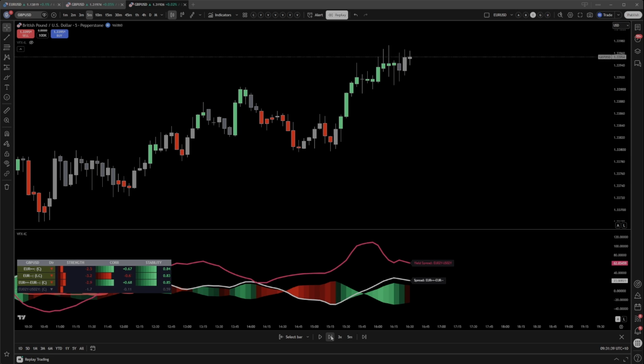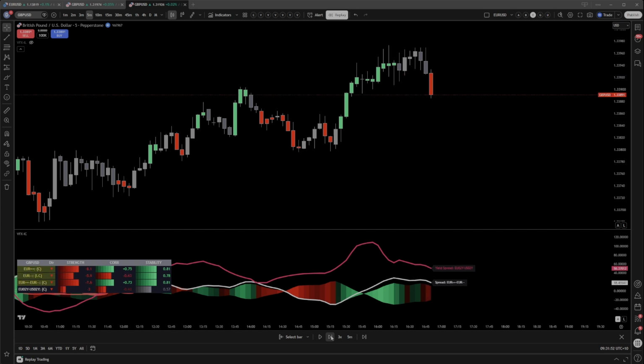Seeing ranging price action. Yield spread still pointing down. It's going sideways. Okay. Now, as I mentioned before about yields and as a confluence, it did point down.